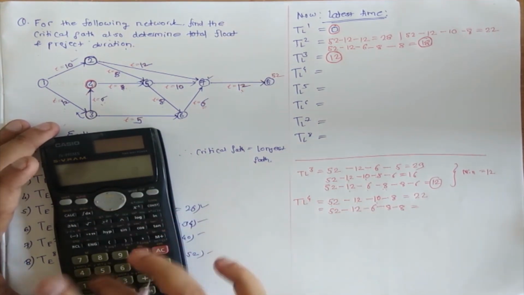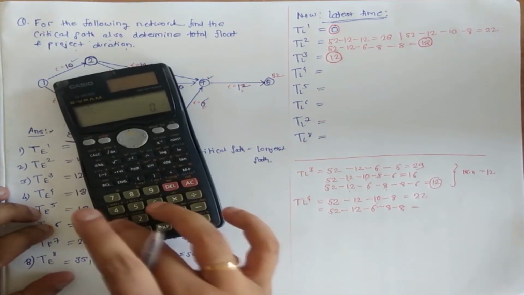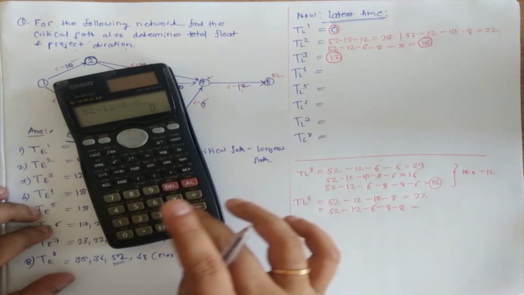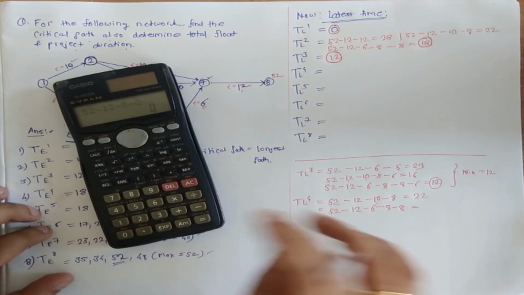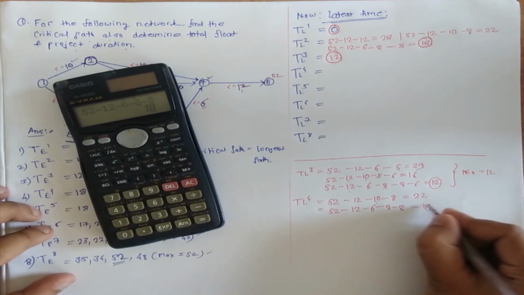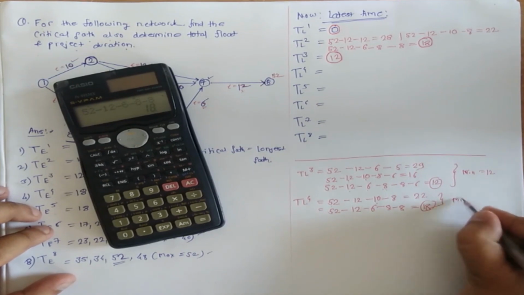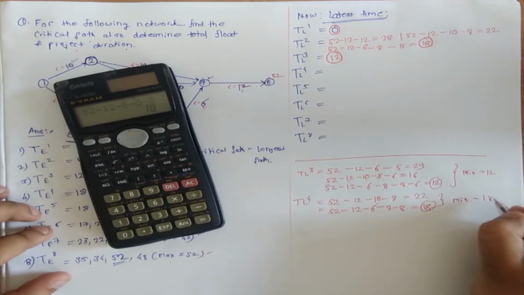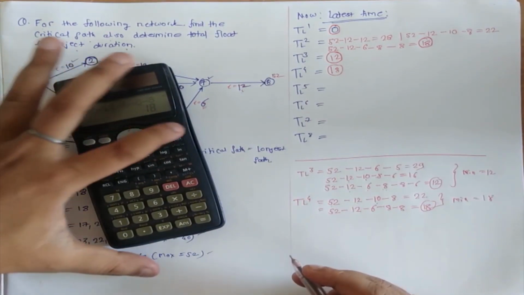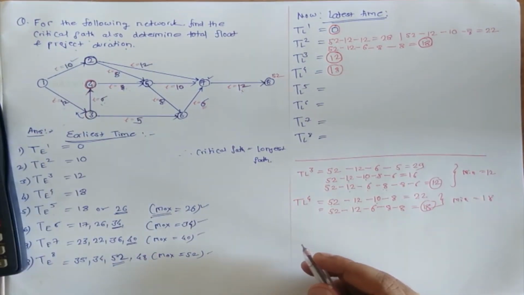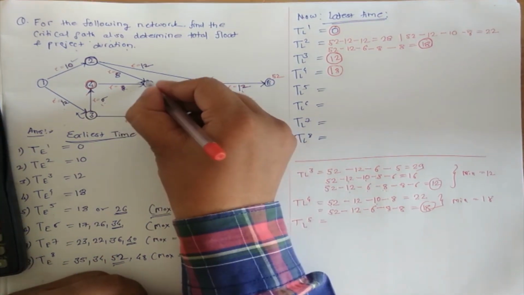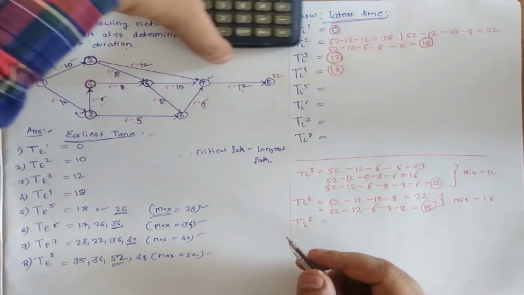Then 52 minus 12 minus 6 minus 8 minus 8 is 18. So the minimum will be 18. So we'll write it here, the 18. Clear?